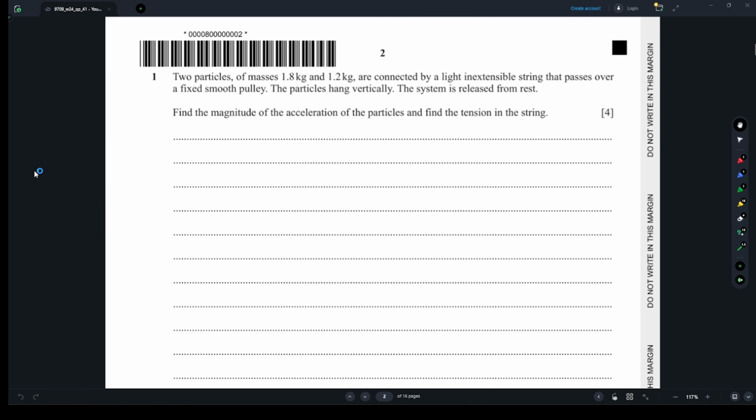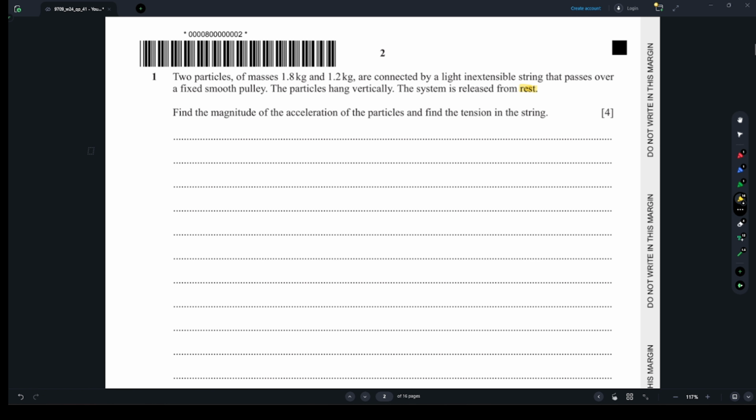The first one. Two particles of mass 1.8 kilograms and 1.2 kilograms are connected by a light inextensible string that passes over a fixed smooth pulley, hanging vertically. The system is released from rest.